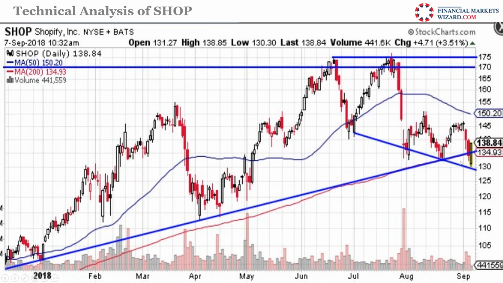Shopify. So Shopify was pulling back, right? I was watching it on Friday and I had it on my watch list, on my stock list. And when I saw the move to the upside, I felt good about it because this is a very bullish candle. I entered right here.